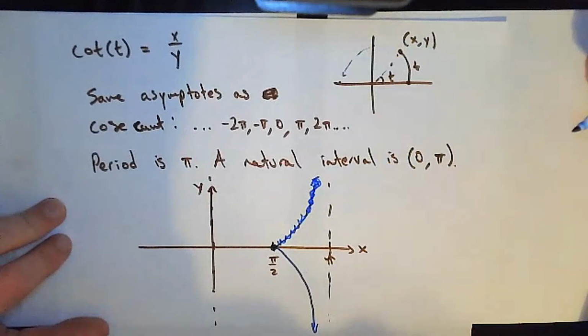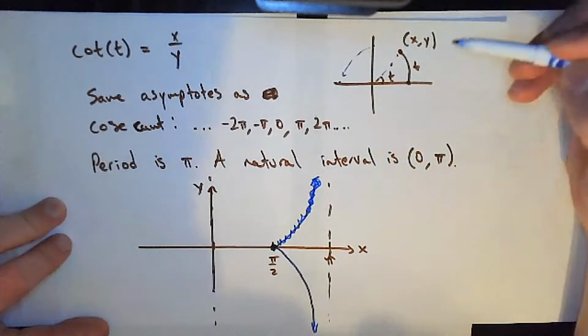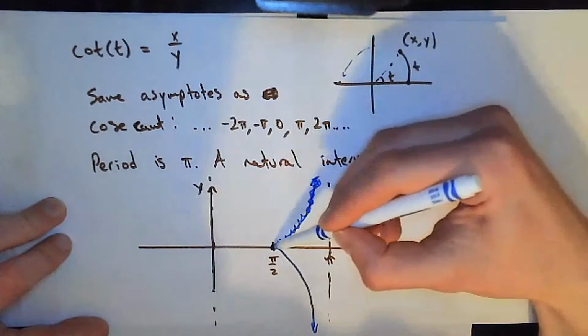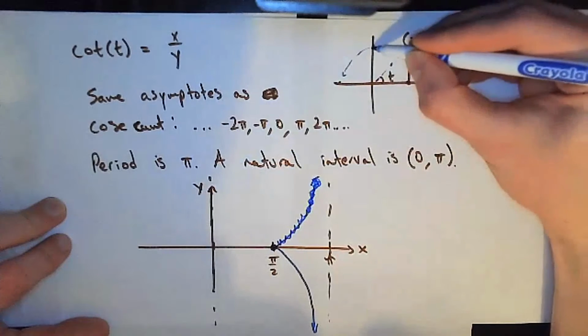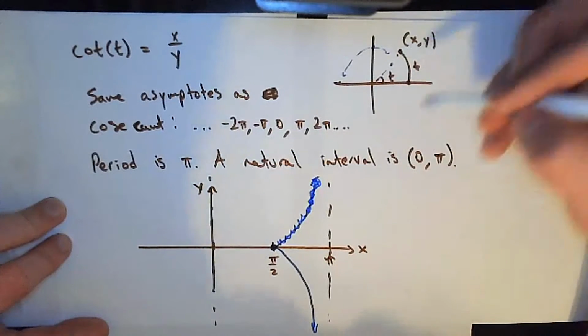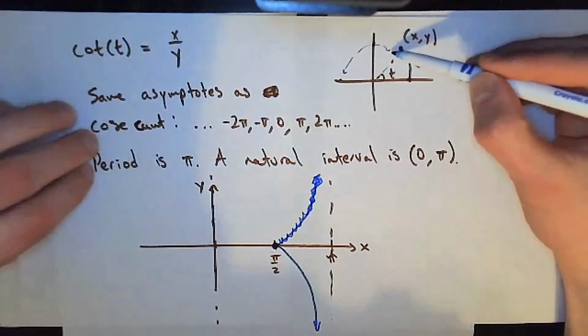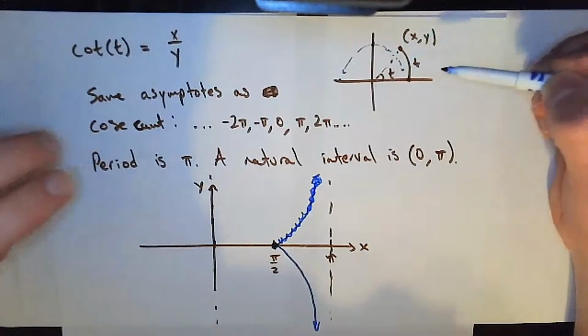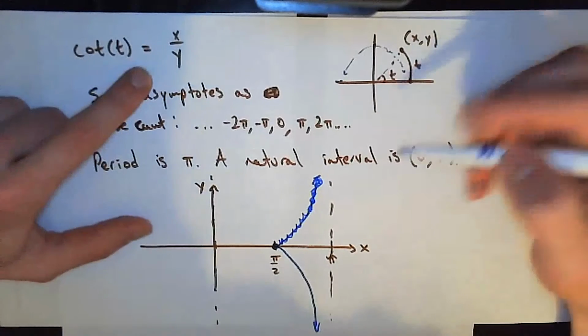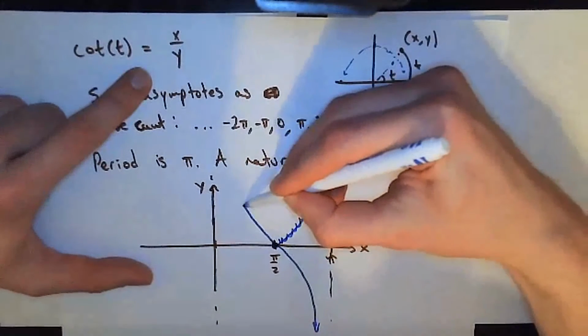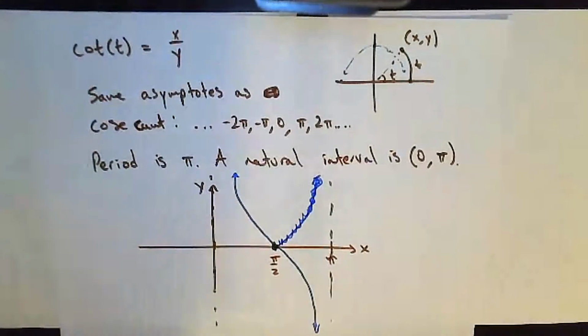That's why we're going off to negative infinity. Now going backwards from pi on 2 back to 0, everything's positive. We're in the first quadrant, and the y value is getting smaller and smaller, sending this fraction off to infinity. Sorry about that ugly picture there.